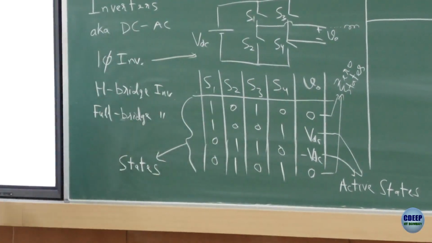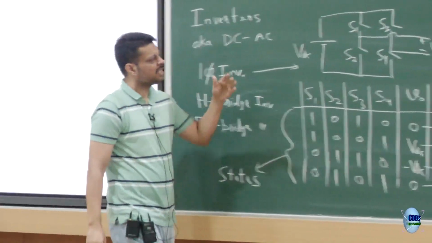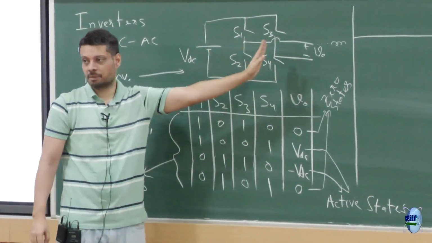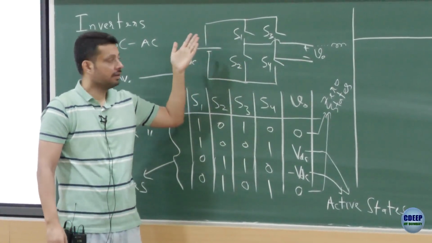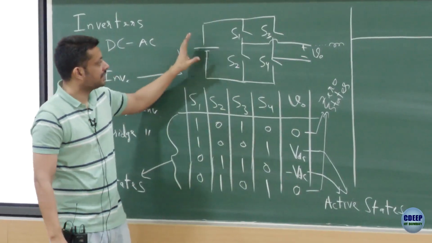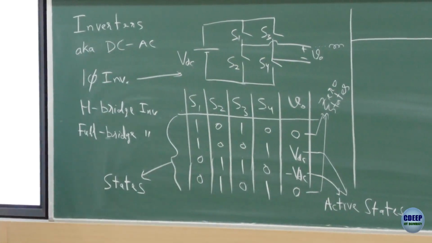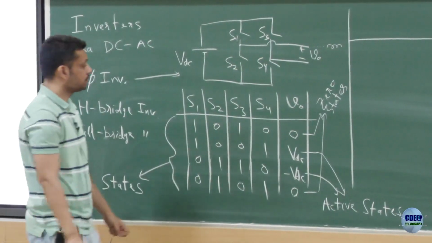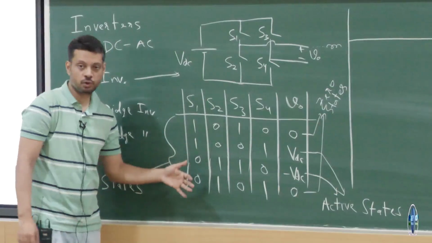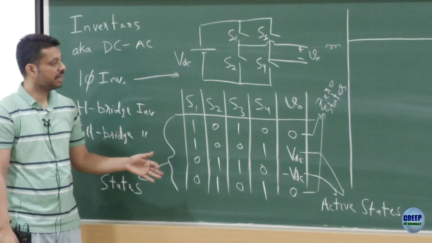Zero states because the output voltage is zero, moreover this is disconnected from the output side in a way. Active state means this is actively connected to the output, and think in this way. Any question?